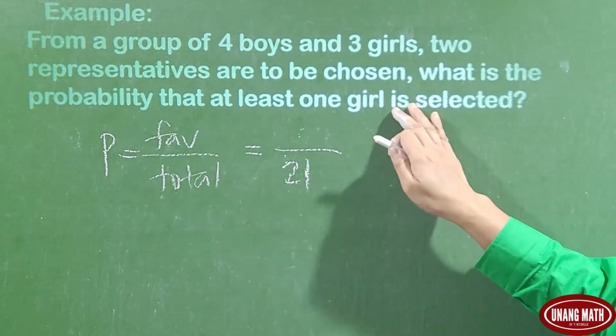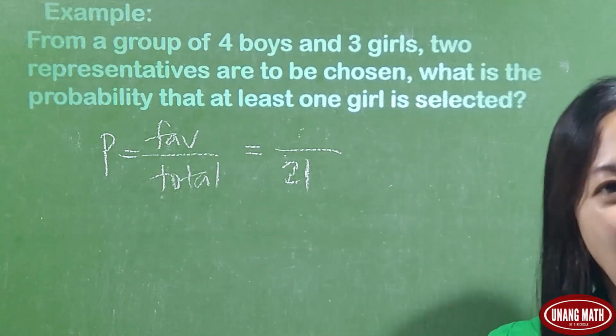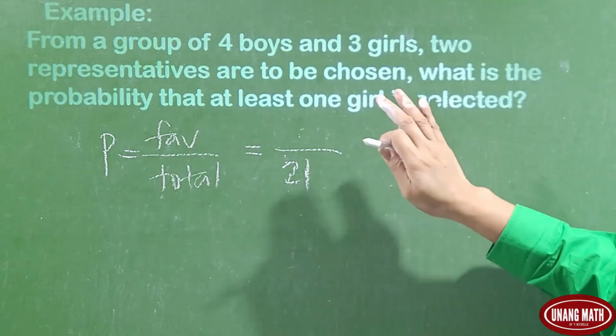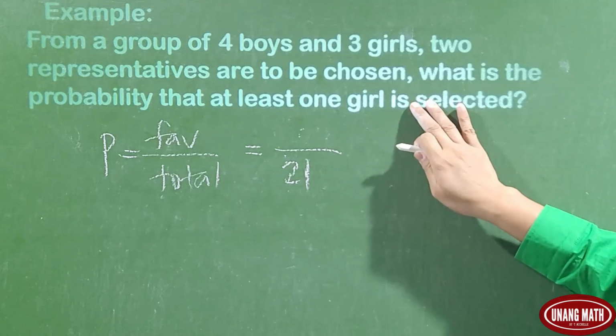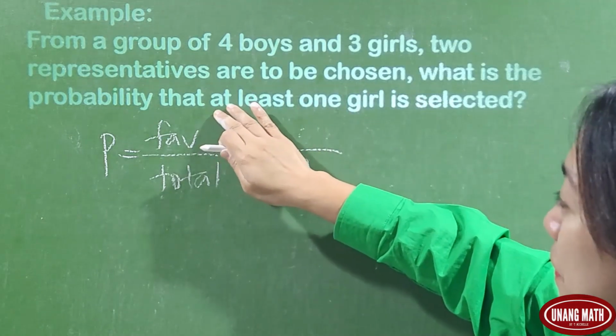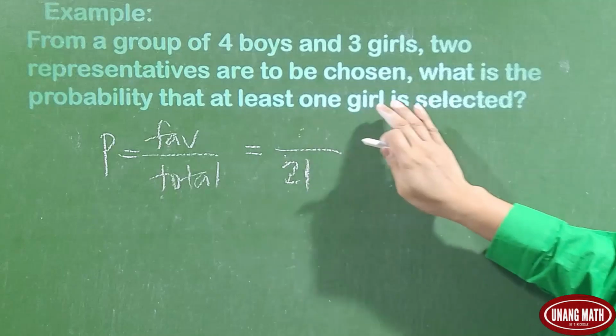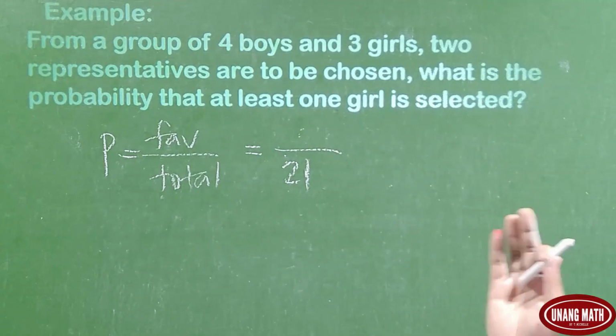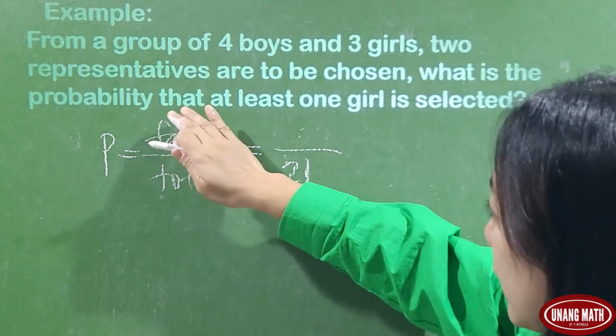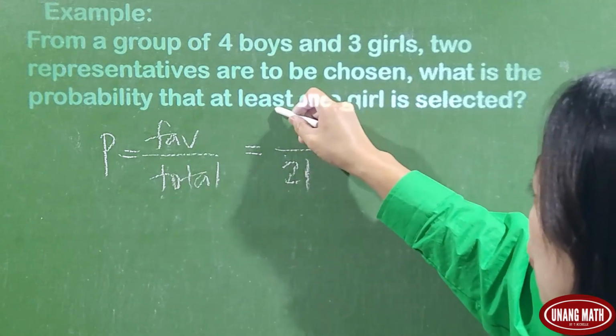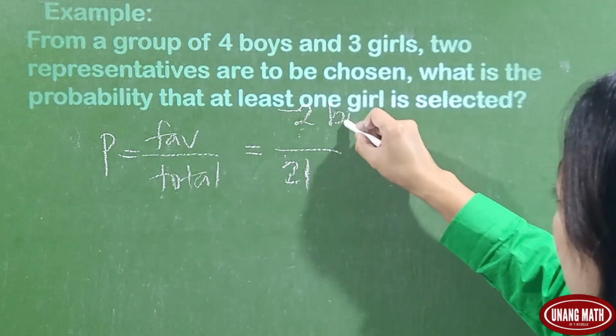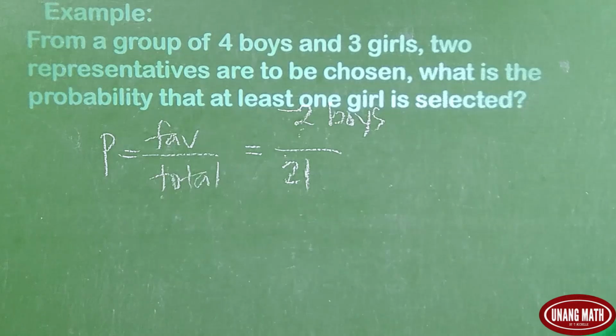And that would be a lot of outcomes. So instead of finding the probability that at least one girl is selected, we are going to find the probability that two boys are selected. So it will be easier.